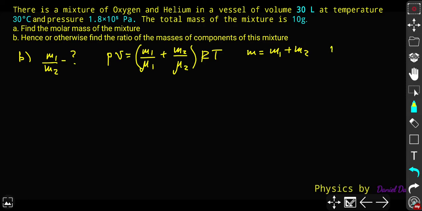M1 through M2. So M1 is the difference, and we can use this and plug straight into this equation.